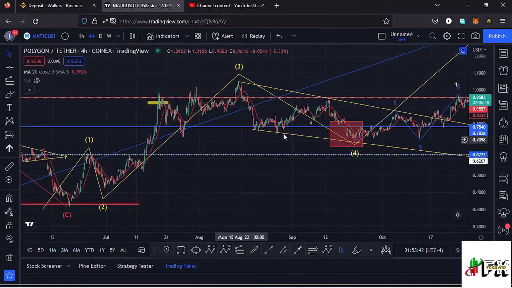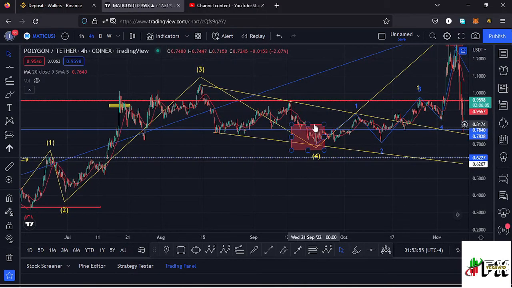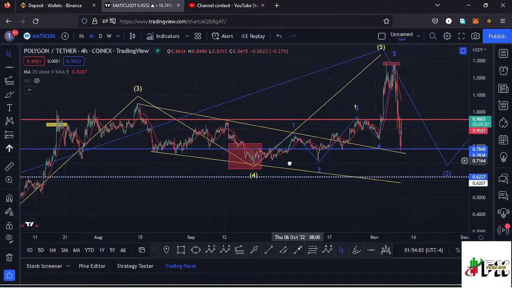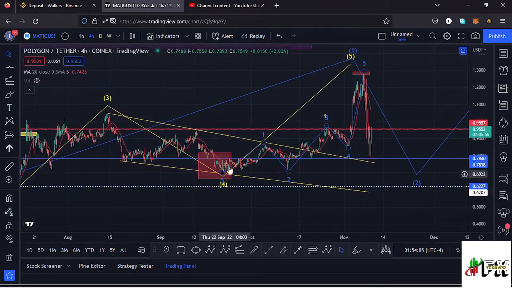Then we saw a very nice retracement between the fib level 0.618 and the fib level 0.5 as the minimum target area to the lower side in the formation of that fourth wave, which perfectly lies between the $0.81 mark and the $0.66 mark. We made our wave 4 low at around the $0.69 mark, and after making that low, we saw a very nice bounce in the formation of this wave 5 to the upper side, which I have highlighted here in yellow.